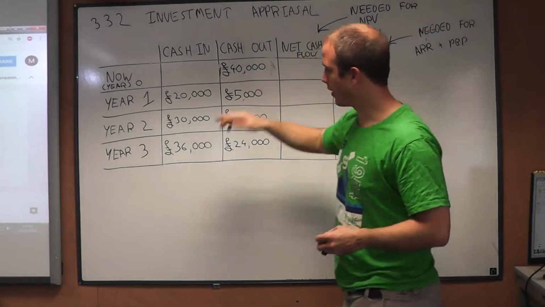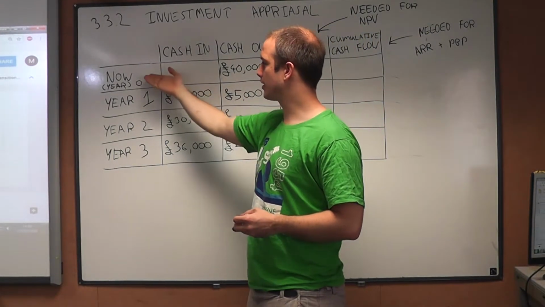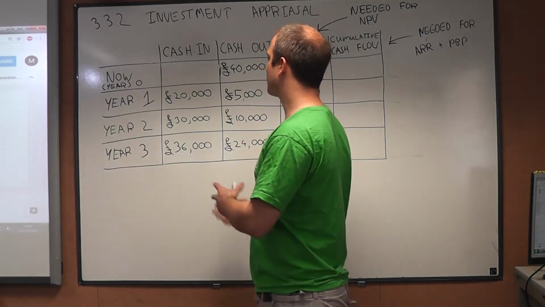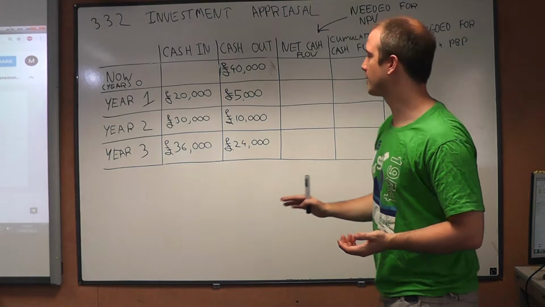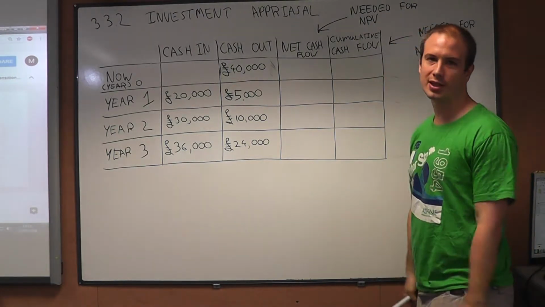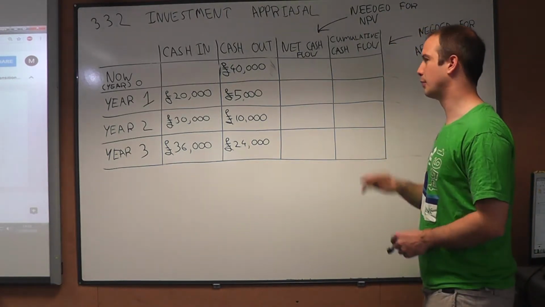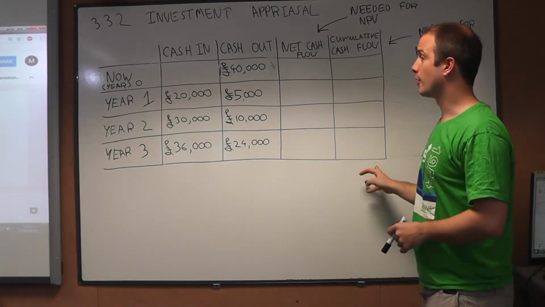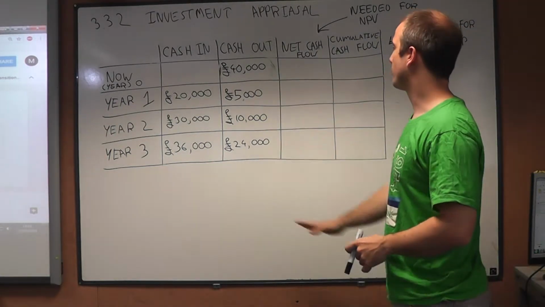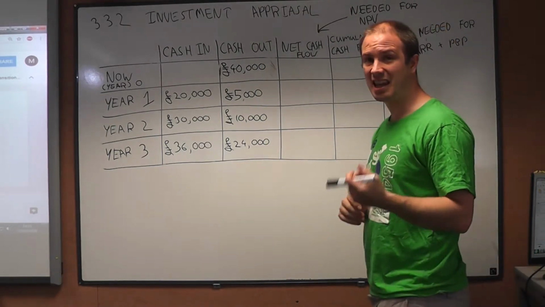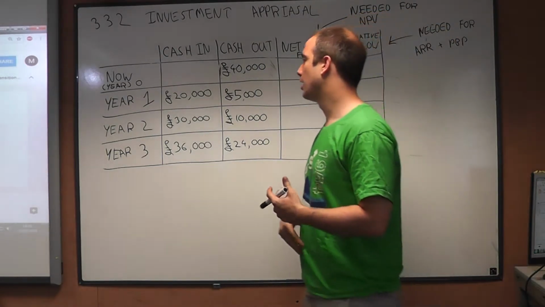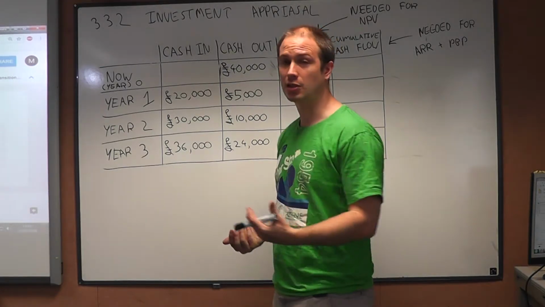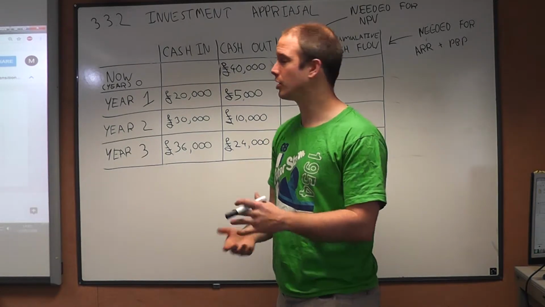Over here we've got the years that the project has been running. Let's say this project is an investment into a 3D printer that makes shoes. I took this example from one of the textbooks. We've got this investment, and we need to see how much it's creating each year, what the revenue is like, and what the costs are each year.